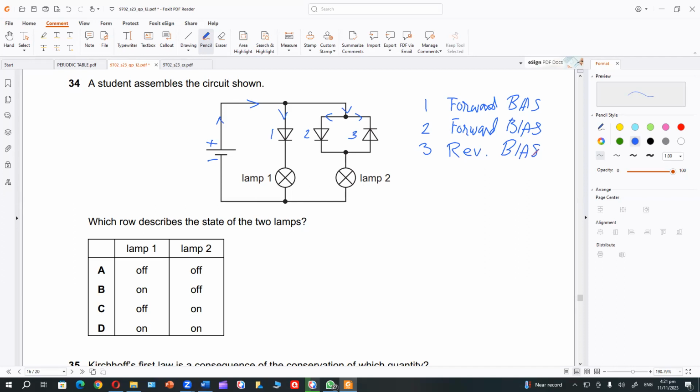Because the option is not dimmer or brighter, but both will be on. From diode number 3, it will get negligible current.